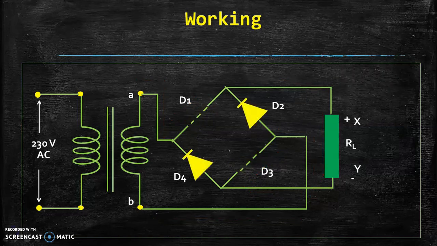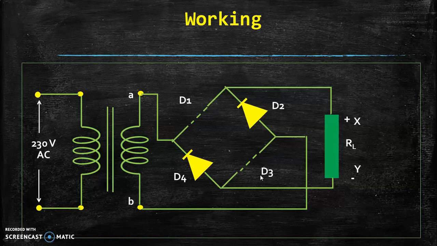Same way during negative half cycle. In case of negative half cycle, point B is more positive compared to point A, and in that condition diode D2 and D4 both are forward biased, they start conduction, and at the same time D1 and D3 both the diodes are reverse biased, so they do not allow current to pass from anode to cathode.